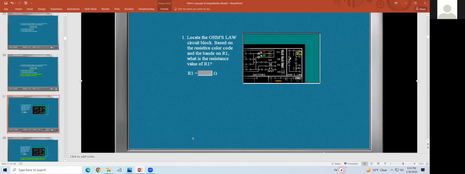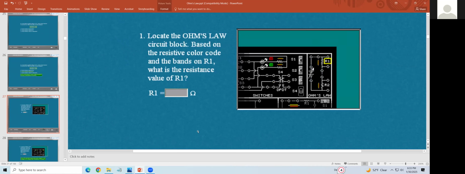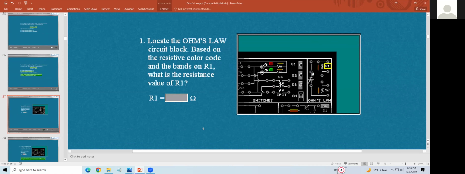Now, if you're reading that, you see what they said. Locate the Ohm's law circuit. This is the Ohm's law circuitry here. Based on the resistor color code and the bands on R1, what is the resistance value?